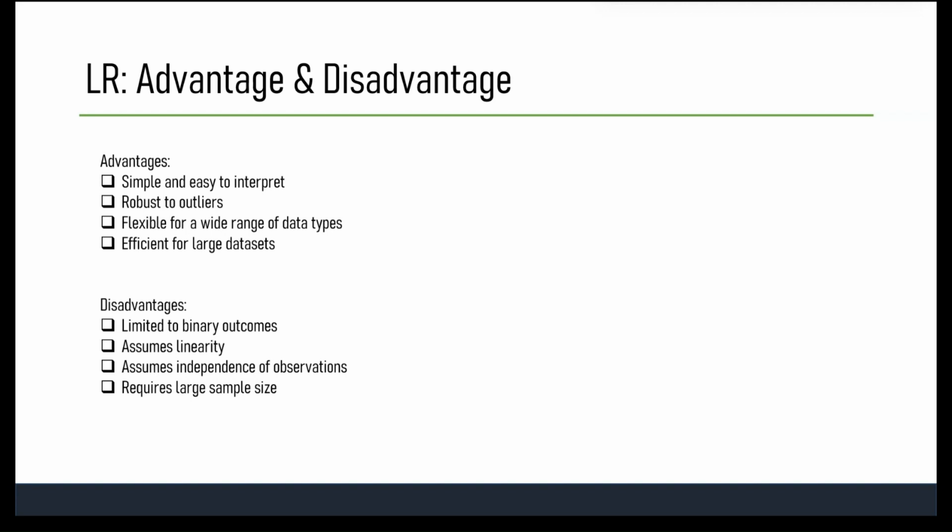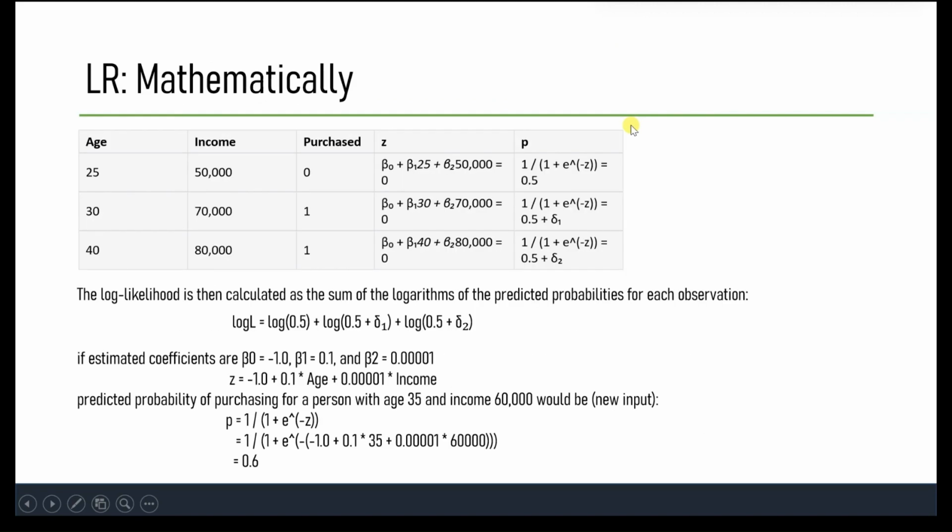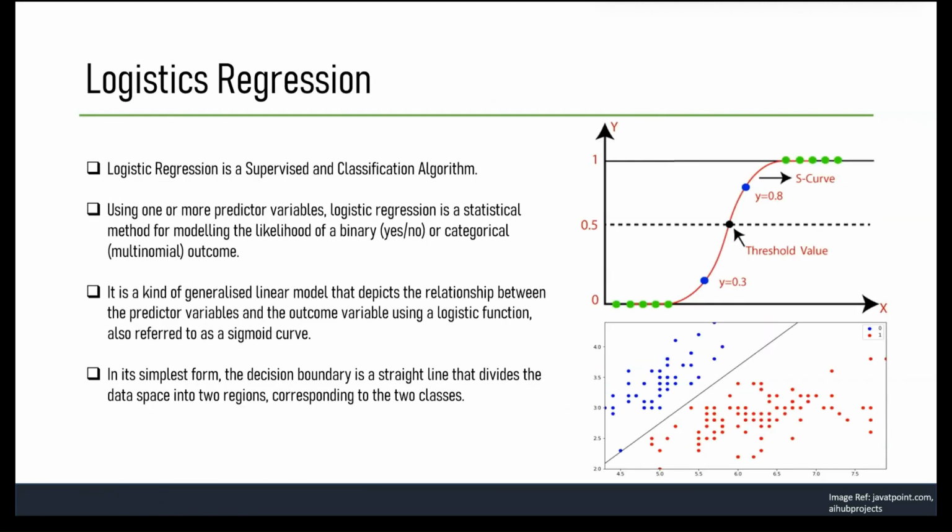So hope this is clear, and let me clear up some more doubts related to the decision boundary. Basically, in a logistic regression model, the decision boundary is a mathematical function. Okay, this decision boundary is a mathematical function that separates the data points into two classes based on their probability of belonging to one class or the other.